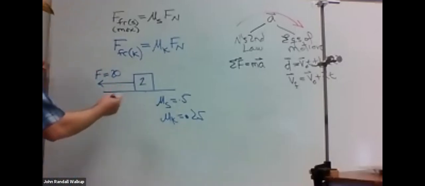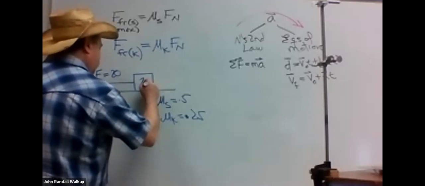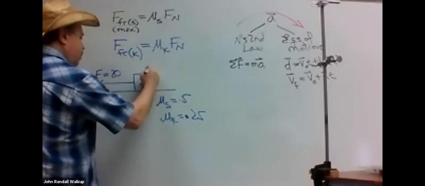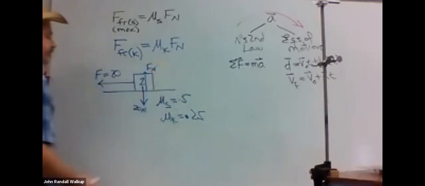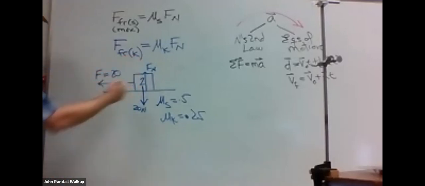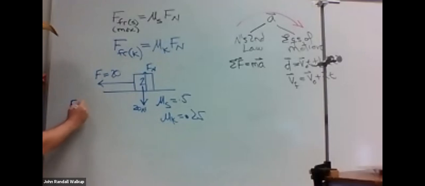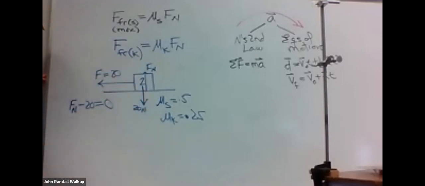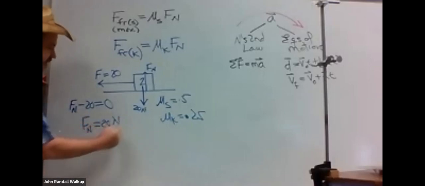So we have 20 newtons down, normal force going up. This is the force of gravity, of course. When we vector sum the forces in the vertical, we get Fn minus 20 equals 0, no acceleration in the vertical. The normal force is 20 newtons.